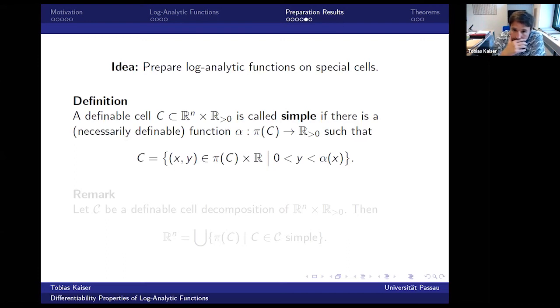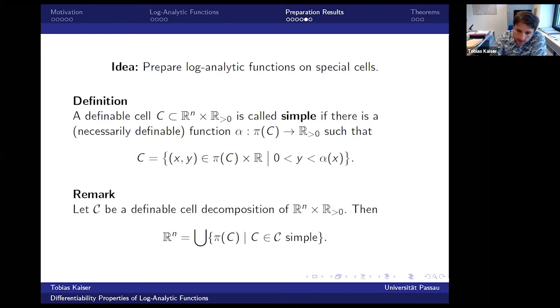And why is it enough to consider such simple cells? Well, often the variable y is introduced as an additional variable. But in the X space, it's enough to consider simple cells. That's the following remark. So let C be a definable cell decomposition of R^n times R greater than 0.